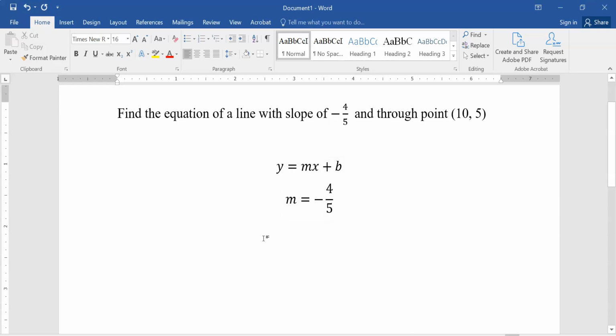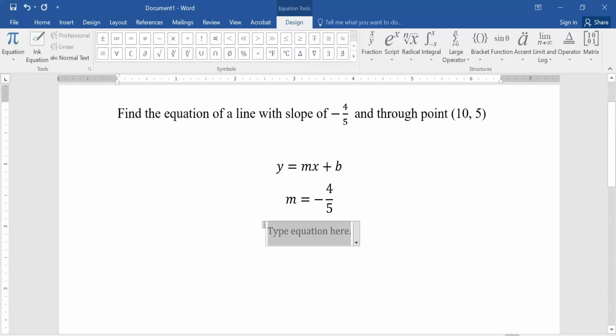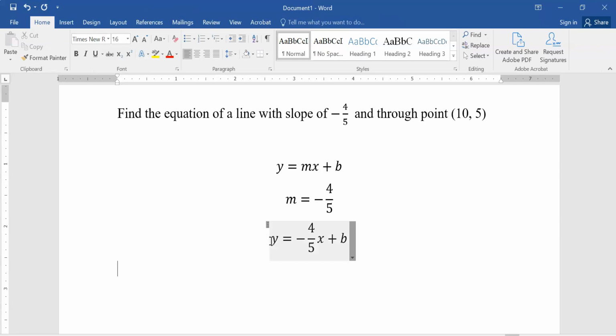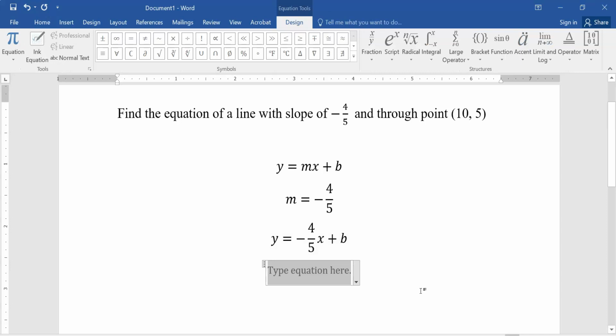But once we get into 2.3a, 2.3b, and 2.3c, we have to figure that out. So m equals -4/5. I say, well, I know my equation is going to be y equals -4/5 times x plus some sort of a b. I find my b by plugging in the point 10, 5. Again, that's a 5 in for the y and a 10 in for the x value.